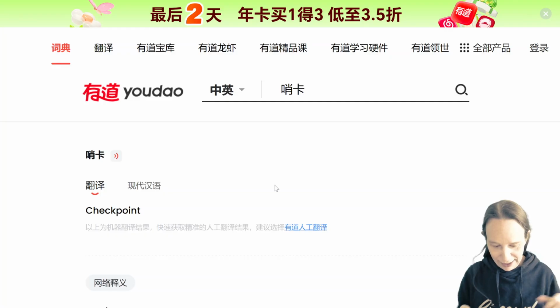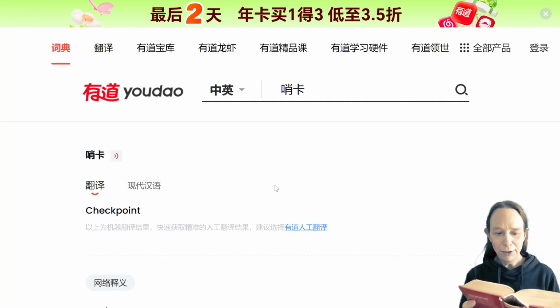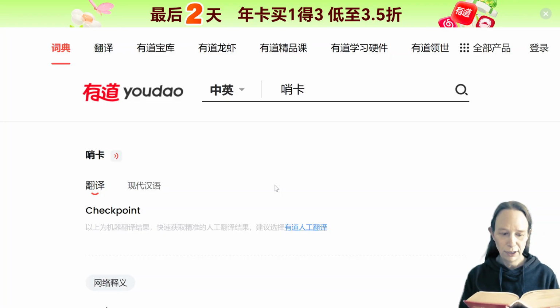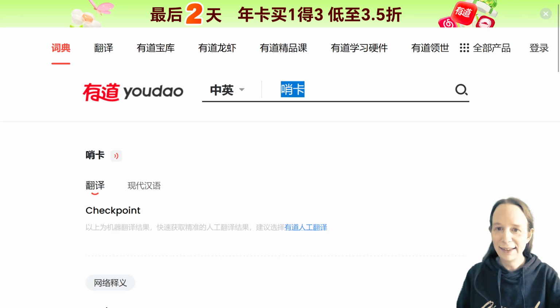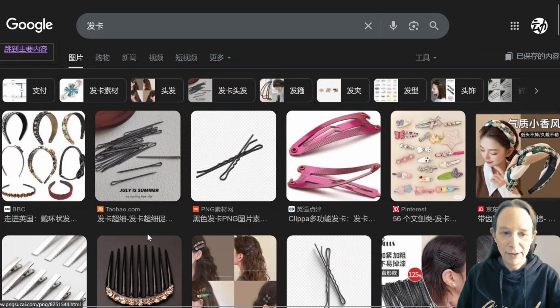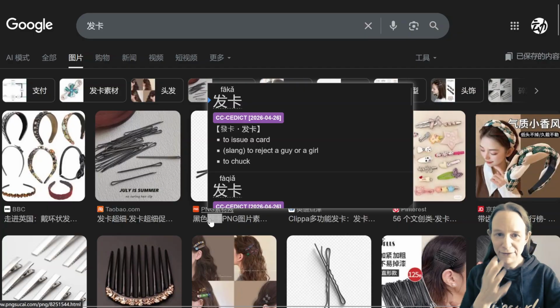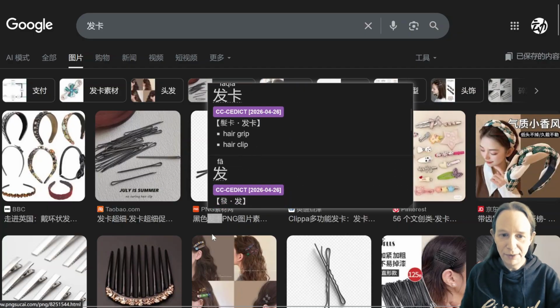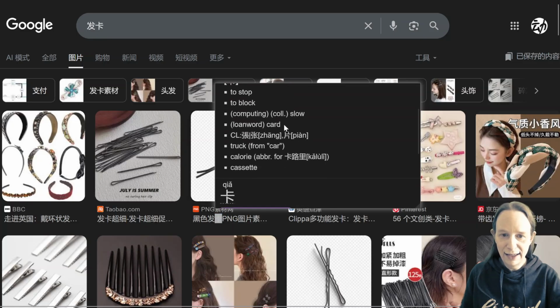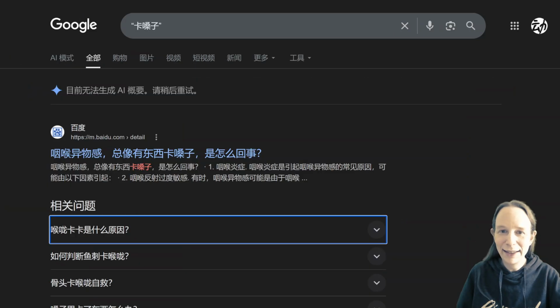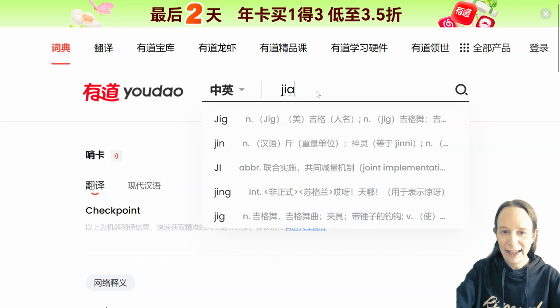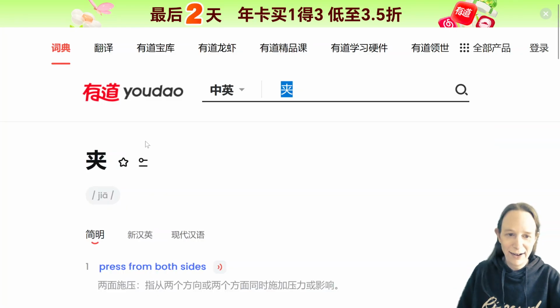All right, number three. Okay, 压东西的器具. So that is the hair one. 发卡. So this is 发卡, hair clip. It says it's used for 加ing things, right? 加, it 加s, so press from both sides.